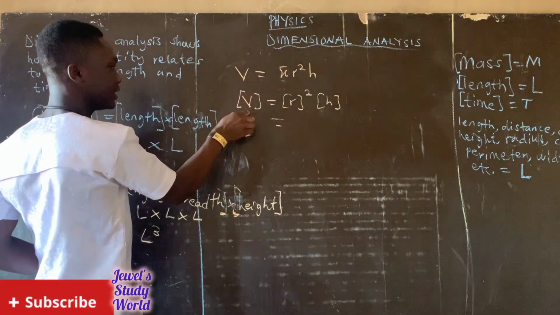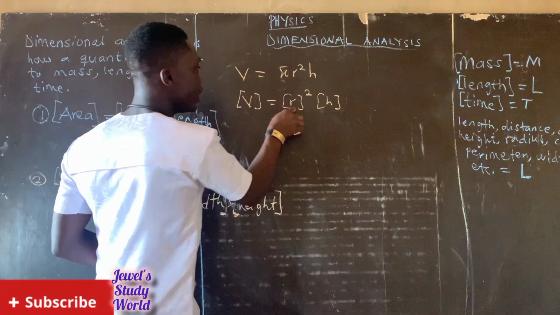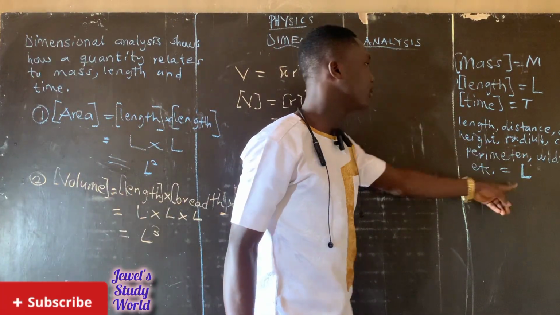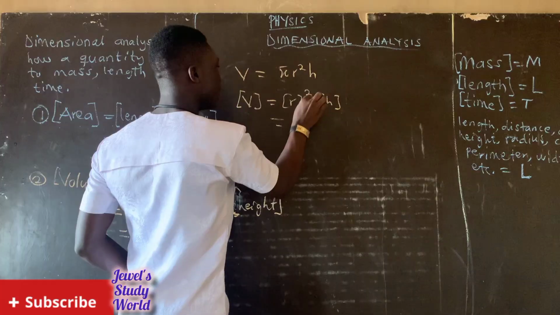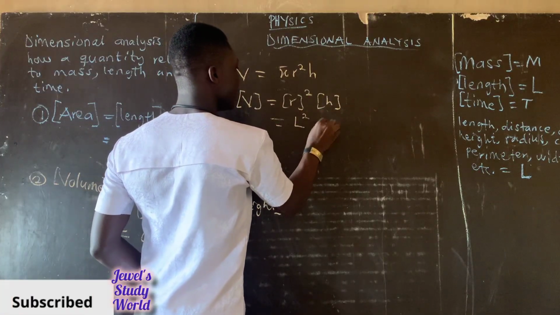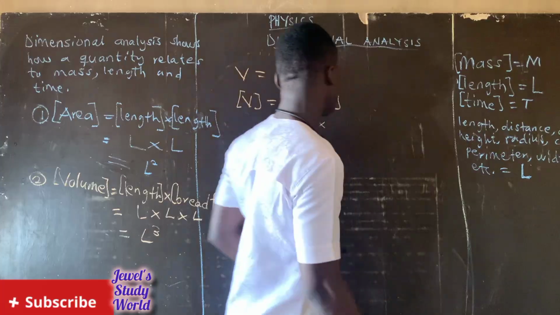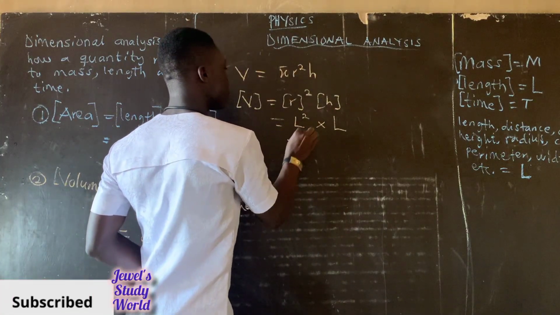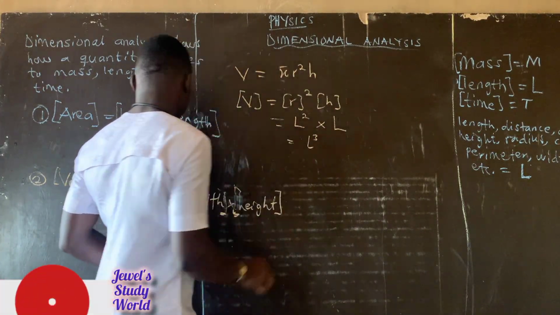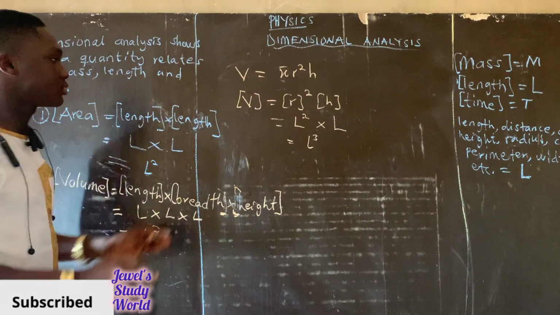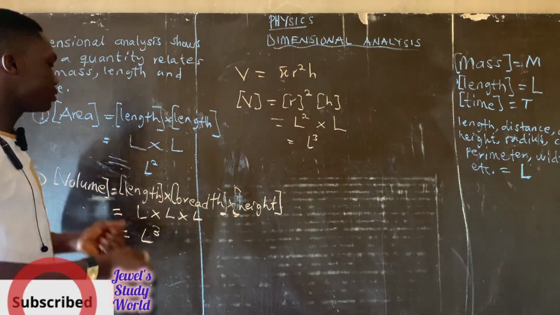Radius also has the dimension of L, so we have L squared times h. H here is height, which is L. So L squared times L gives us L cubed, the same as L cubed. Since it is volume, it has a dimension of L cubed, no matter the figure that you choose.